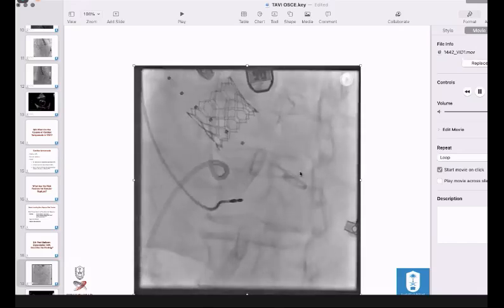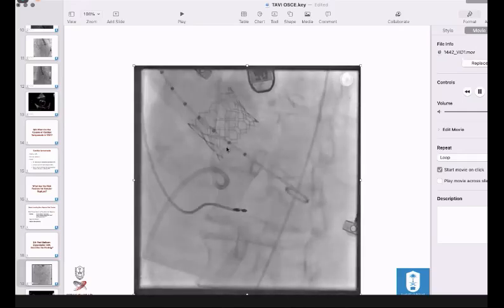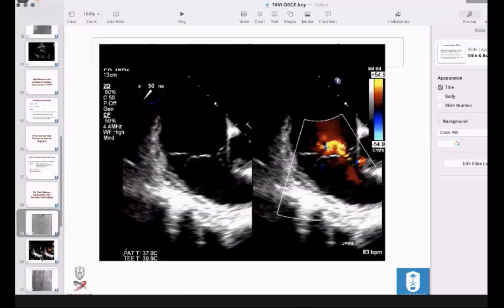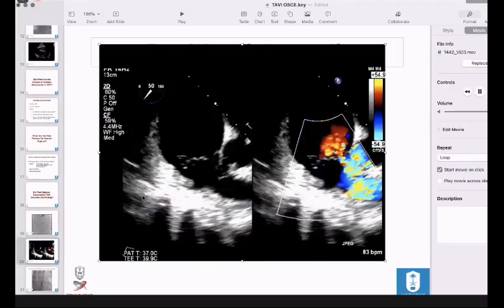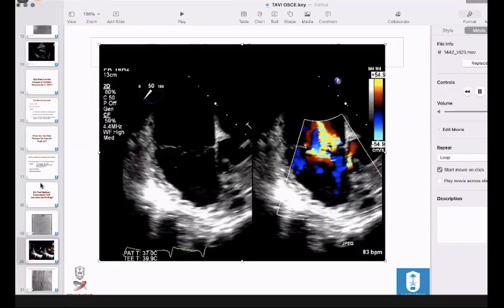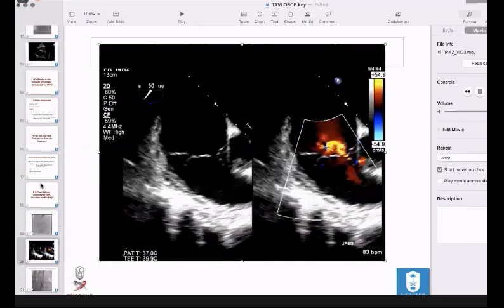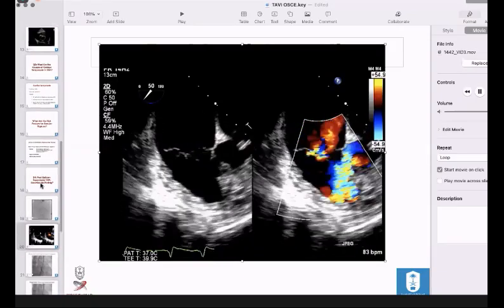Okay, this is an LE view showing the LV, and this is going through the septum. Okay, and this is echo showing an iatrogenic VSD post-TAVI. So that's a scenario they might face, okay?